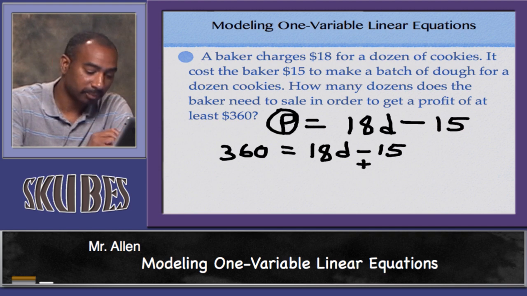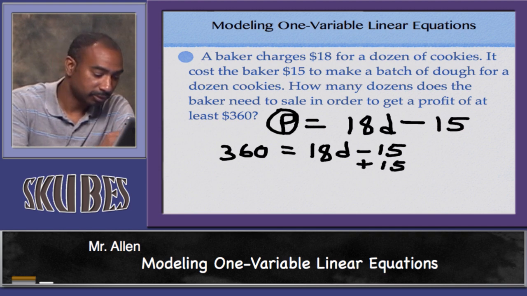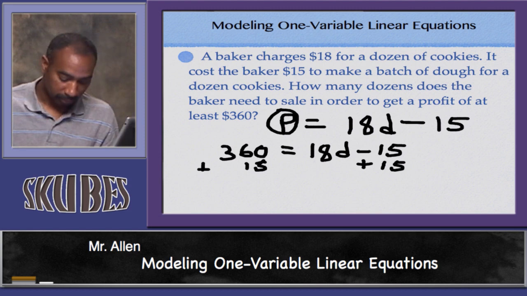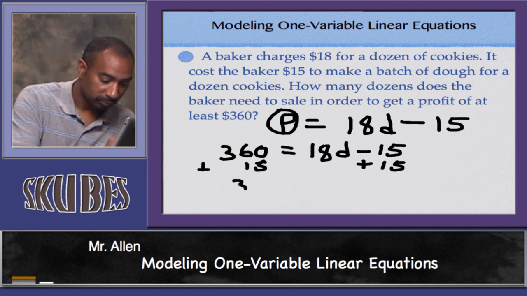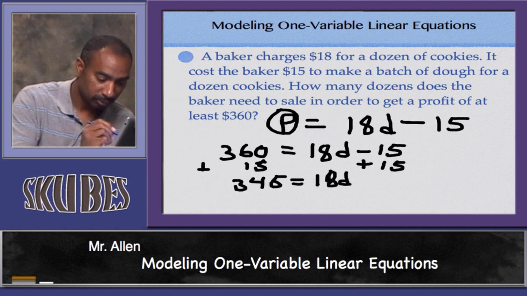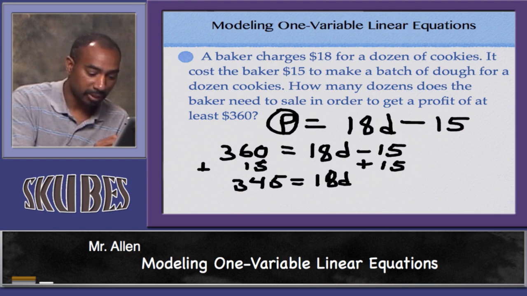So you solve that by adding 15 to both sides. So you're going to wind up with 375 equals 18D. And what you're going to do is divide both sides by 18.